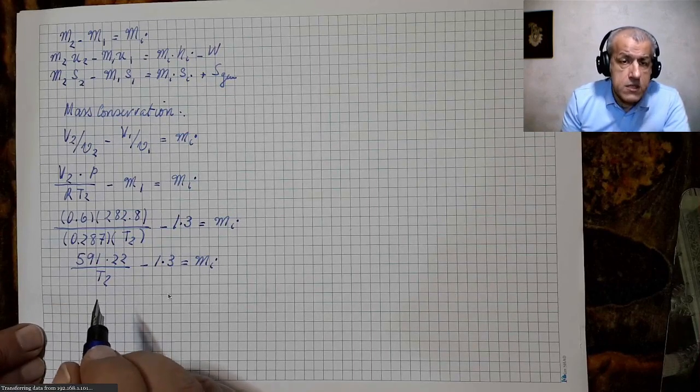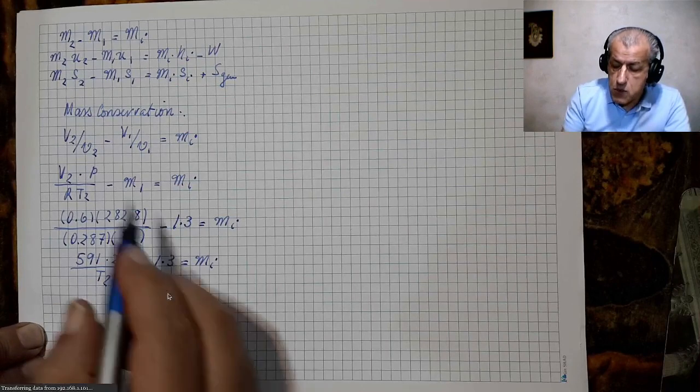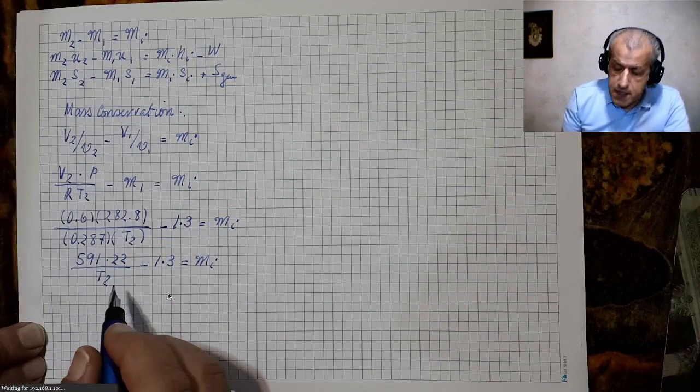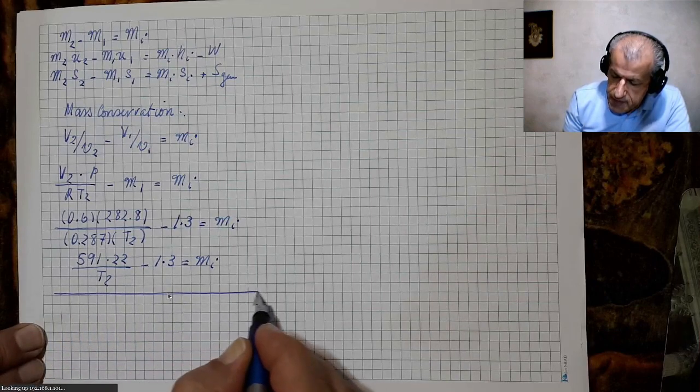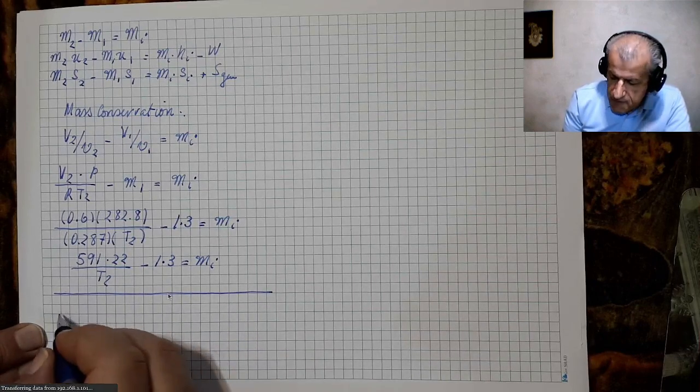We have one equation, two unknowns. So now we go for the second equation and see what the first law of thermodynamics has to offer.